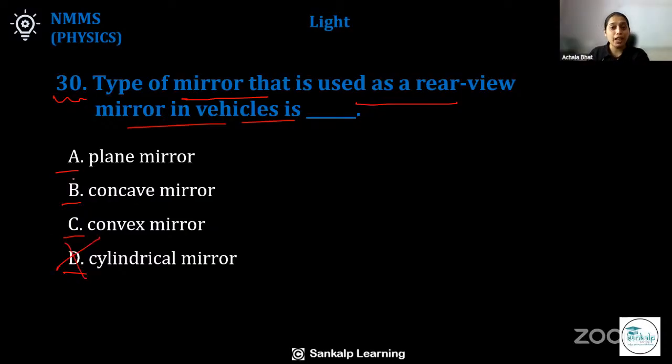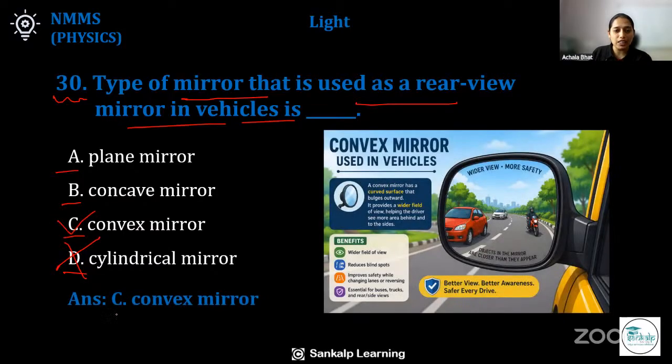Plane mirror is sometimes used, but yes, the correct option is option C, convex mirror. Convex mirror is the correct one. A is wrong, concave mirror is wrong. Here, why is convex mirror preferred?